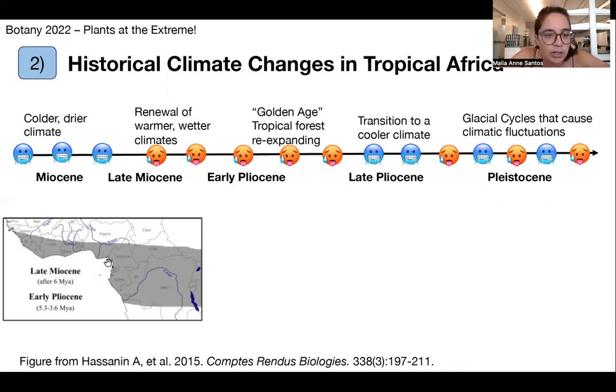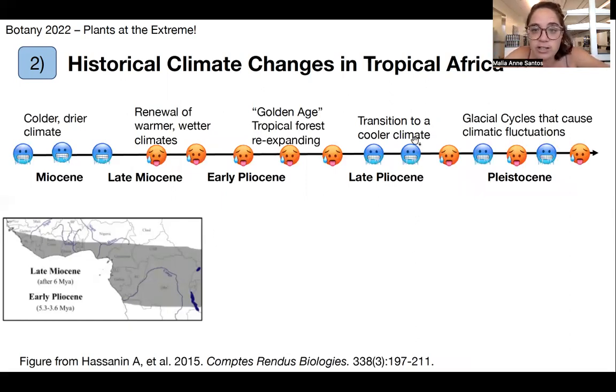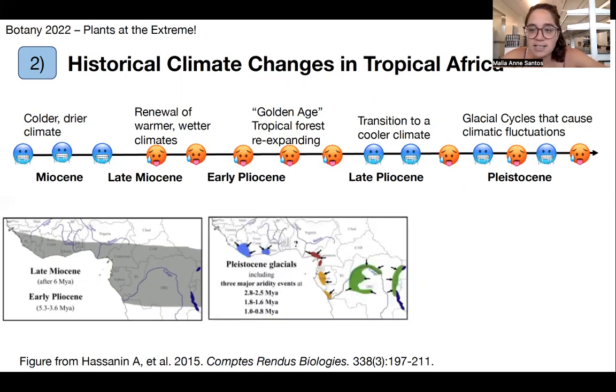And as shown here in this first figure, the forests have re-expanded and are continuous across the continent of Africa, as denoted by that gray area. As we get into the late Pliocene, we have a transition to a cooler climate again. And then with the Pleistocene, we get glacial cycles that cause climatic fluctuations pretty rapidly. And so in these Pleistocene glacial cycles, we can see three major aridity events that happened, which caused those drier and cooler climates.